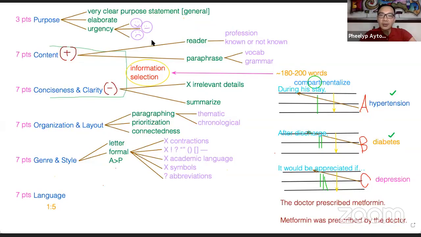Here, in the first one, the doctor is the subject, prescribed is the verb. On the other hand, in the second one, metformin is the subject and was prescribed becomes the verb.